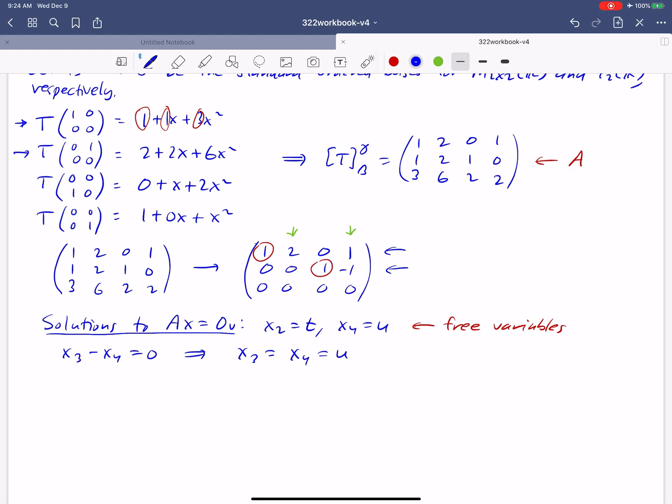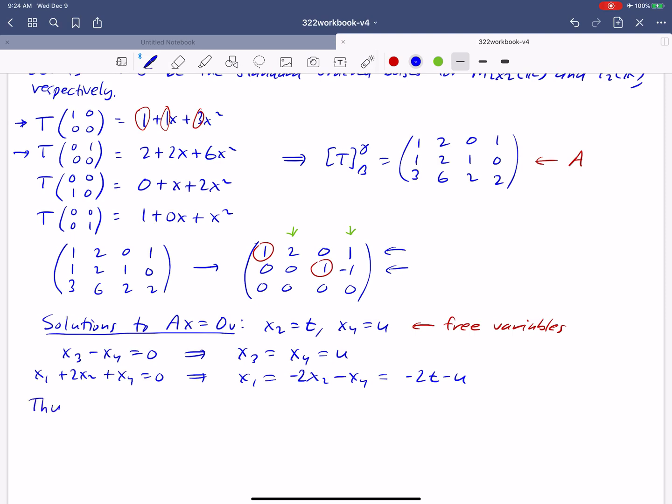Then up to the first equation, if we read that off, it looks like x1 plus 2x2 plus x4 equals 0. If we solve that for x1, we get negative 2x2 minus x4. And x2 is t and x4 is u, so we get negative 2t minus u out of that.